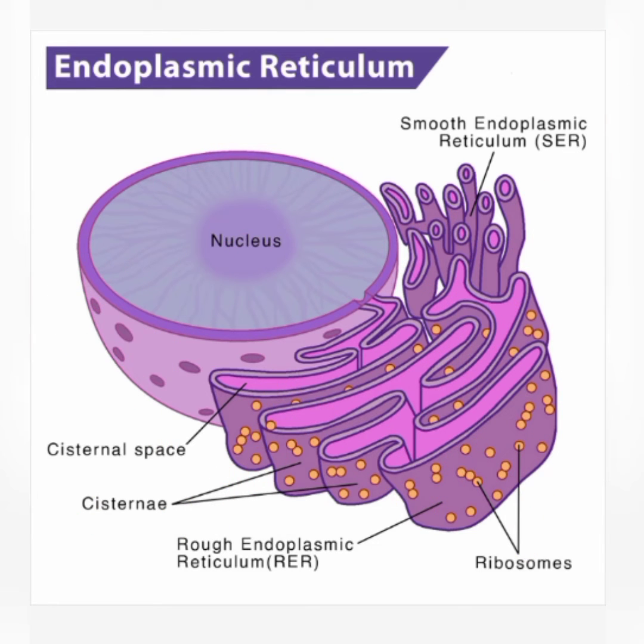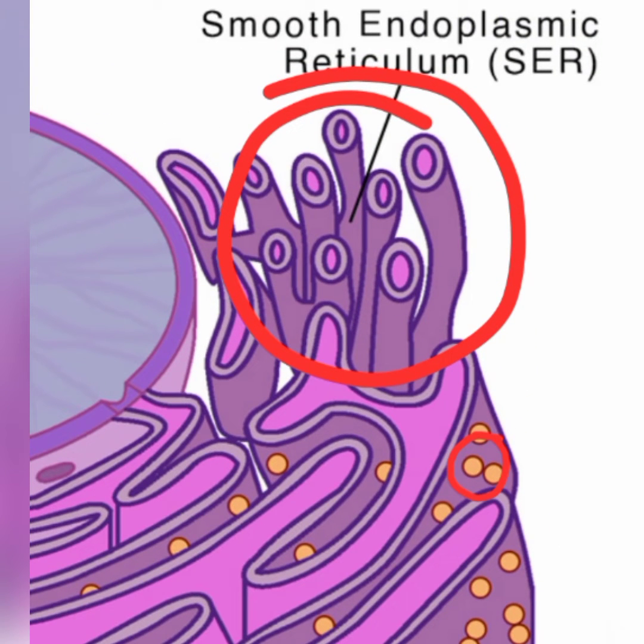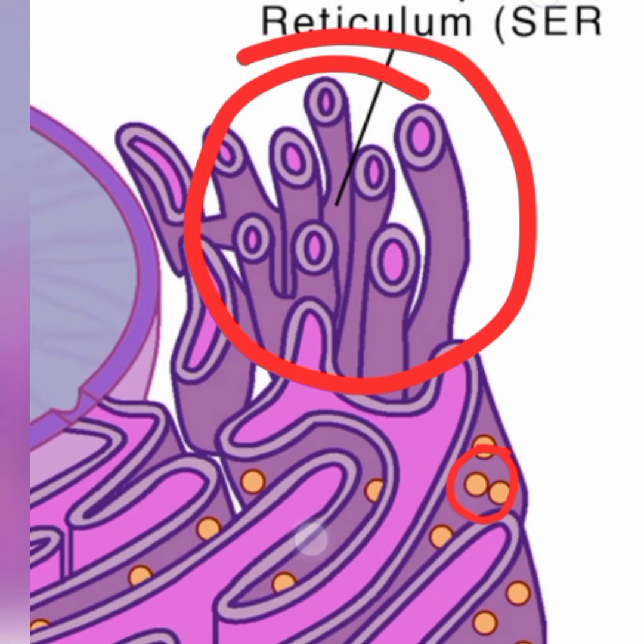Look at the picture properly. Here you can see the smooth SER. Here you won't find these small granular structures, these orange structures, which actually represent the ribosomes. There are no ribosomes present on the surface, and hence it appears to be really smooth, isn't it?